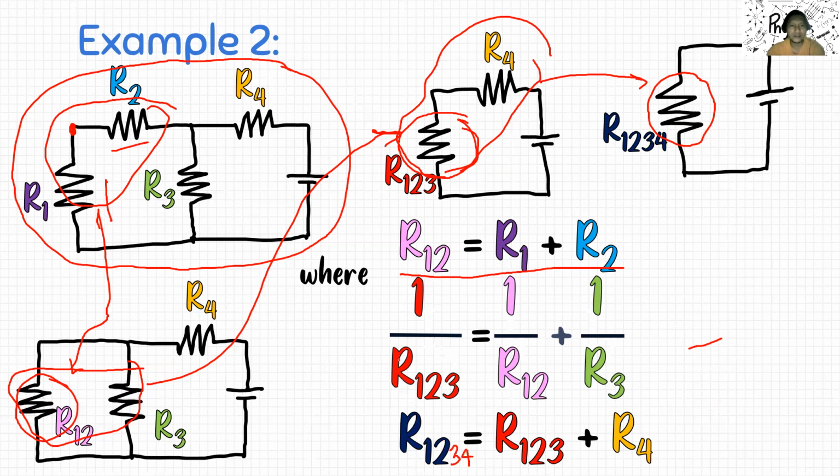So notice my use of subscripts. Whenever I combine 1 and 2, the subscript I use is 1, 2. Whenever I combine the combination of 1, 2, and 3, I use 1, 2, 3. So here, one of the techniques is to be systematic in your labeling.